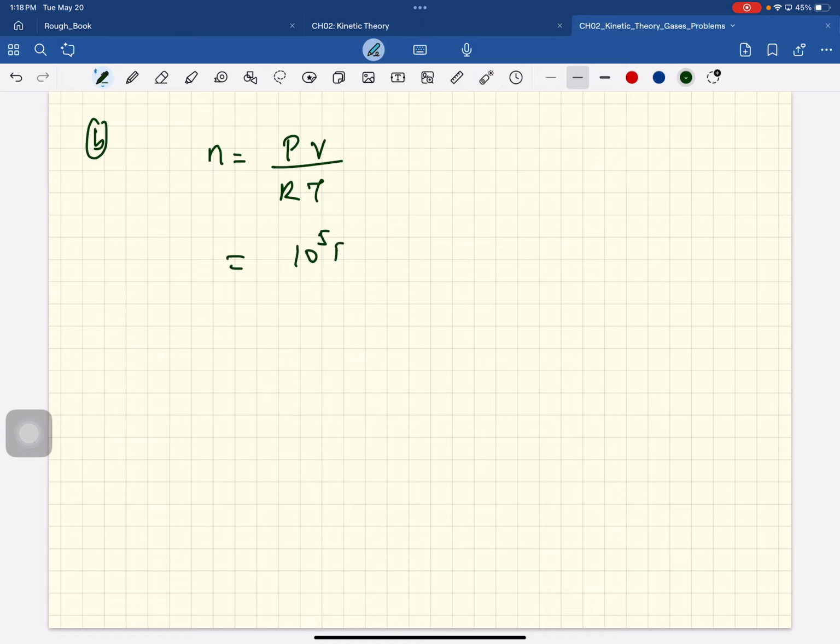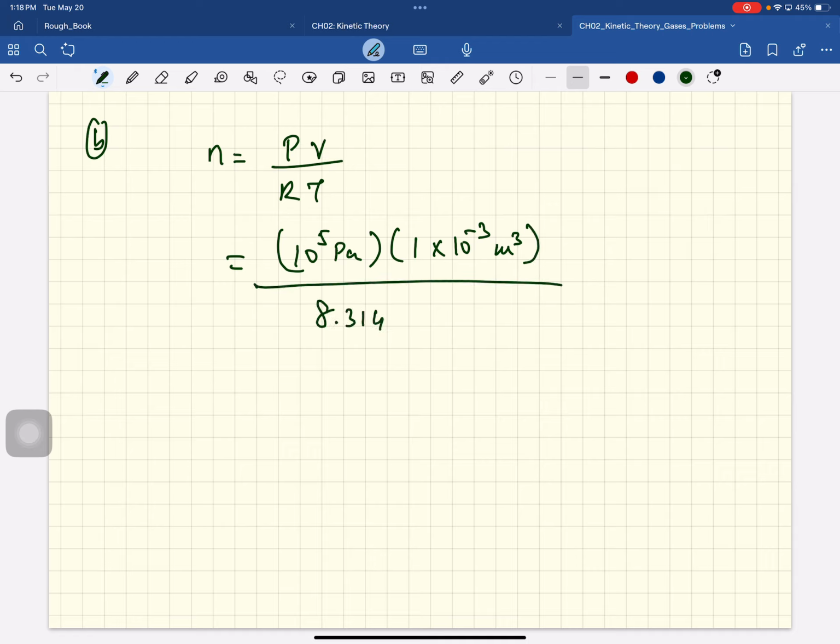So 10 to the power of 5 pascals, 1 liter, meter cubed. And 298 degree Kelvin. That's the temperature at which you added the air.